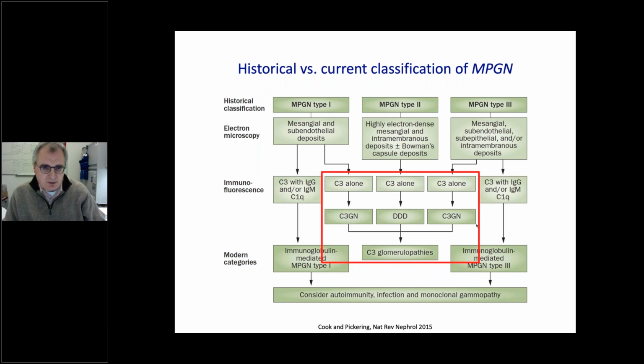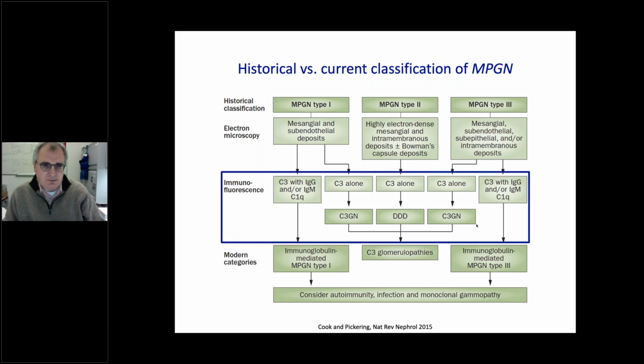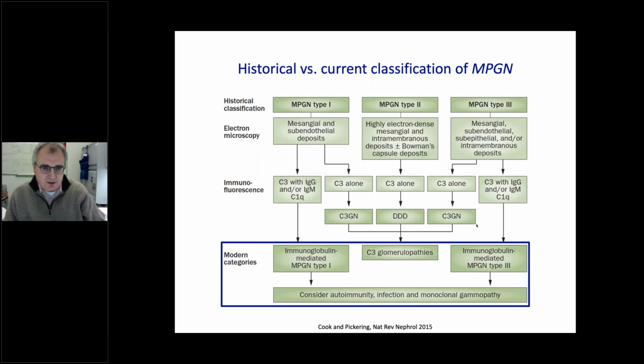Those were singled out as the so-called C3 glomerulopathies. And besides those, the conditions where C3 and various amounts of IgG, IgM, or even C1q were identified were separated from that. And with that, we moved to the modern categories of C3 glomerulopathy, or C3G, and separate from that, immunoglobulin or immune complex mediated MPGN.